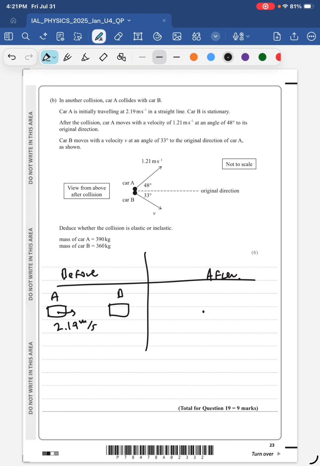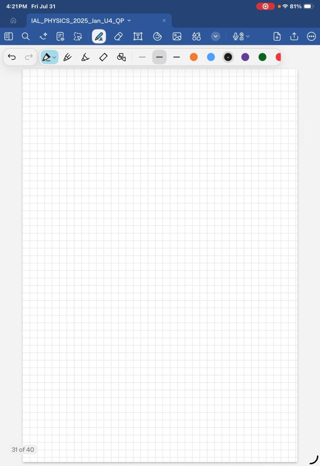After, we have A traveling at 1.21 meters per second at an angle of 48 degrees, and B travels with an unknown speed at the direction of 33 degrees. Let's create a clean page. So we need to find the speed of B.